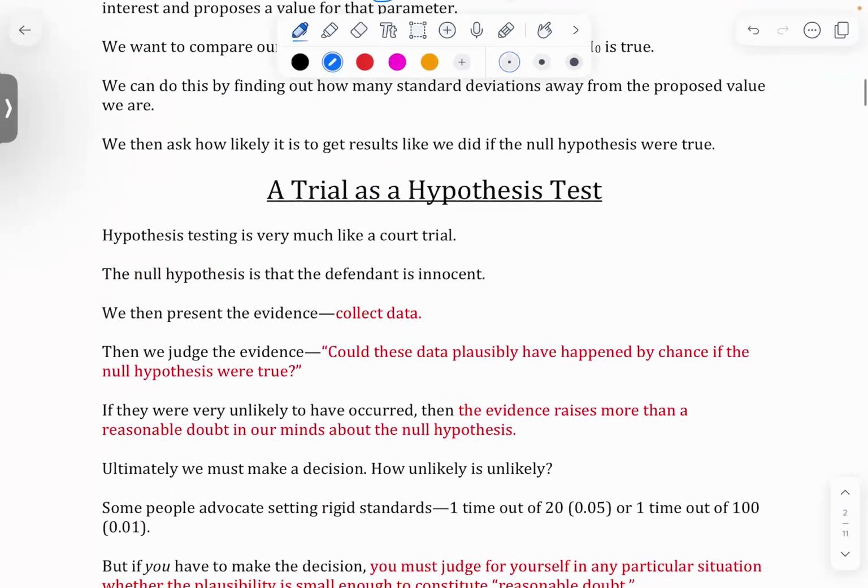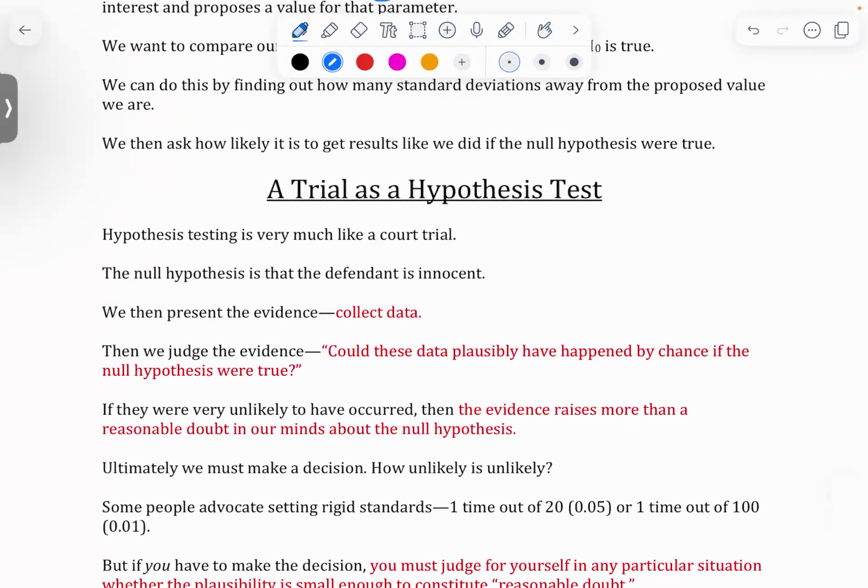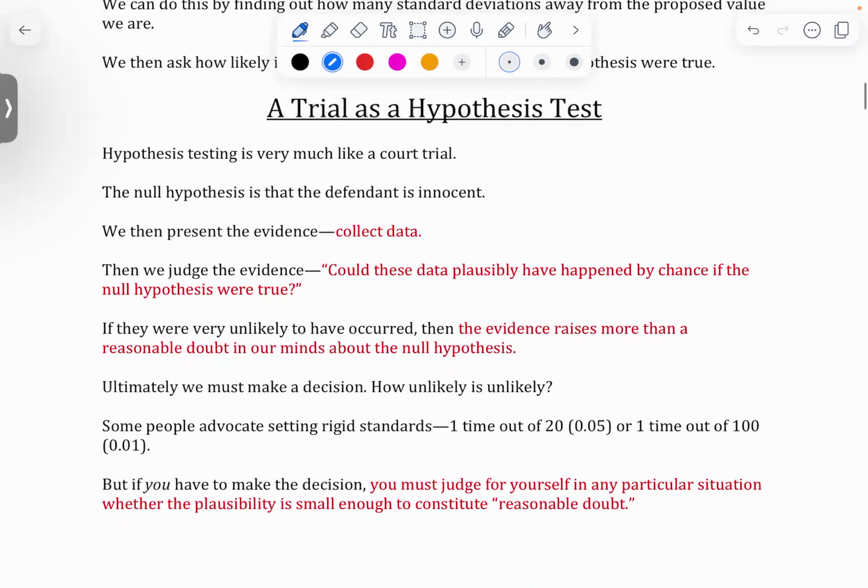So the whole idea, we move through it like a court trial, assuming the defendant is innocent. We collect data, that is, collect evidence. And then we ultimately make a decision. And in stats, we actually can identify the kind of levels that we determine. Is there a 1 in 20 chance that they didn't commit the crime, or a 1 in 100 chance?